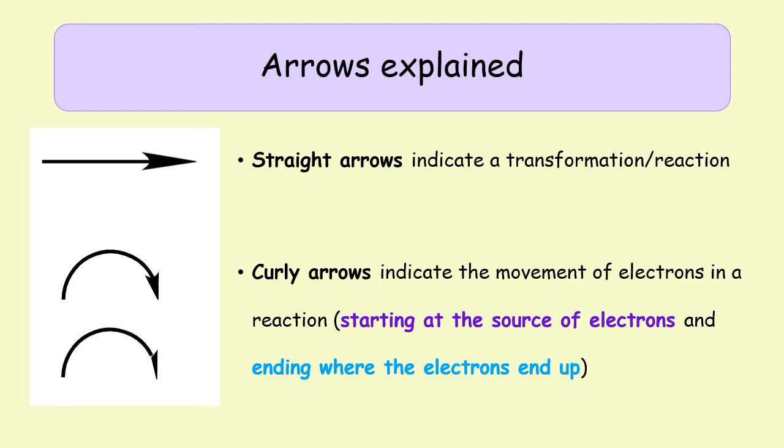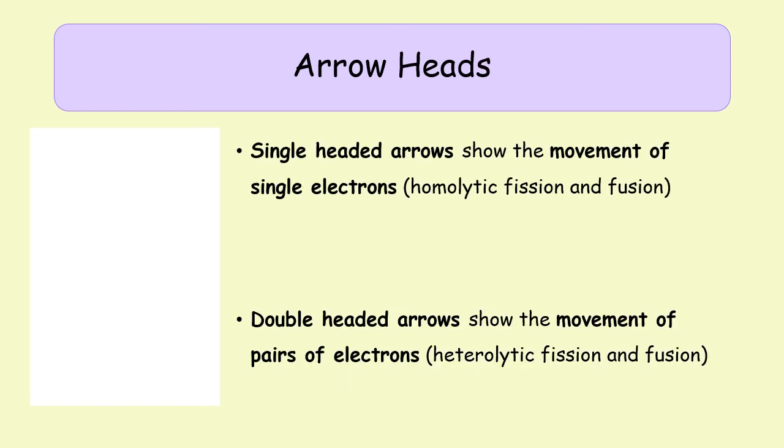The arrow always starts at the source of electrons and ends up at the destination of the electrons. Your single-headed arrows are for the movement of single electrons, double-headed arrows for the movement of pairs of electrons. In homolytic fission, it's always going to be single arrows. In heterolytic fission, it's always going to be double-headed arrows.